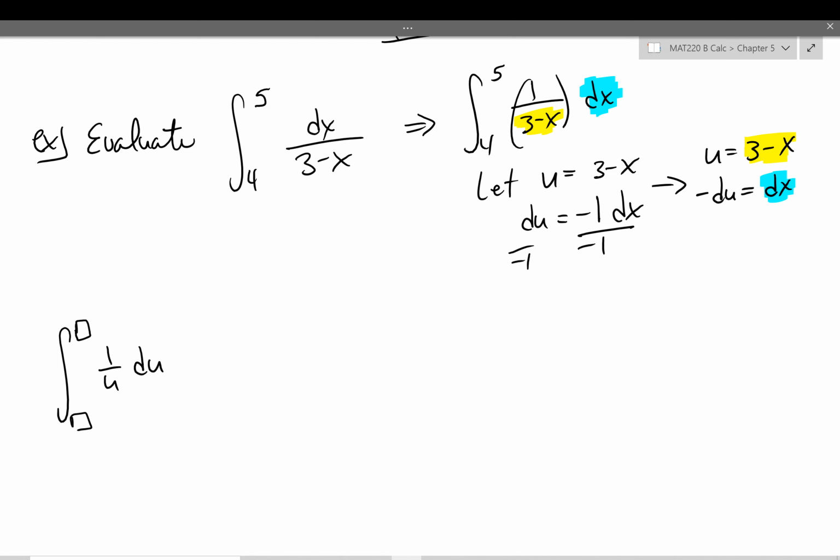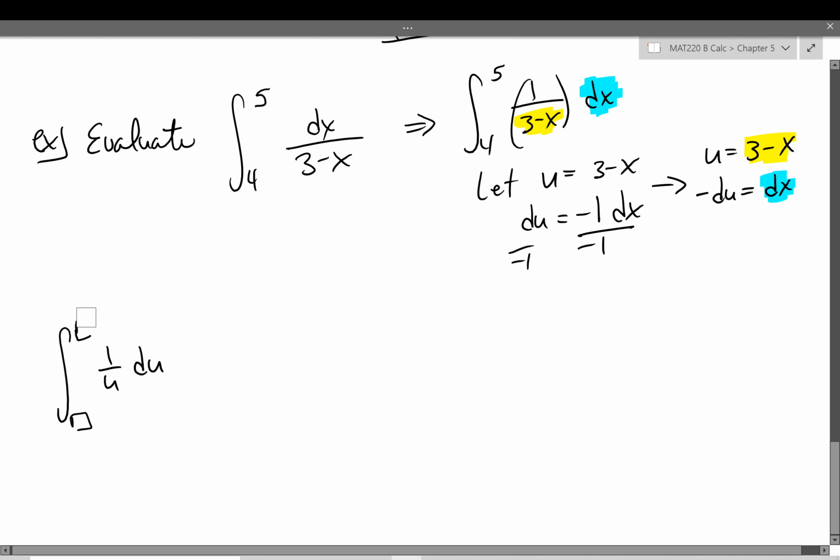I'm going to do this problem two different ways. The first way, I'm going to keep it consistent with the way that we've been doing it the whole time, all right? Now, the reason why I didn't put anything for the upper or lower limits, okay? The reason, so let me write this out.